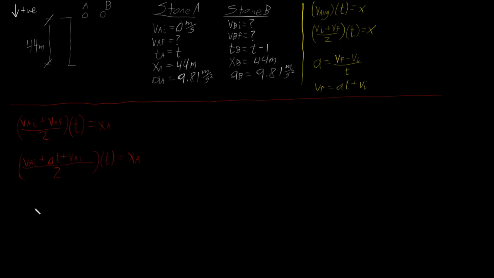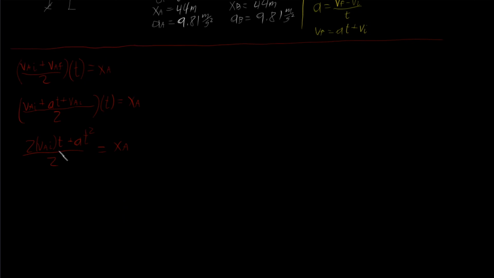Let's expand this out. So we have 2 initial velocities here. So we can write that as 2 times initial velocity of stone A. And of course that's going to be multiplied also by t, plus acceleration times t squared. And that's all going to be divided by 2, and that will be equal to the distance that stone A travels.